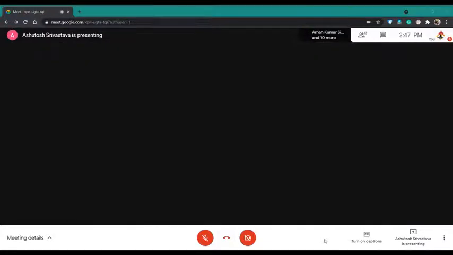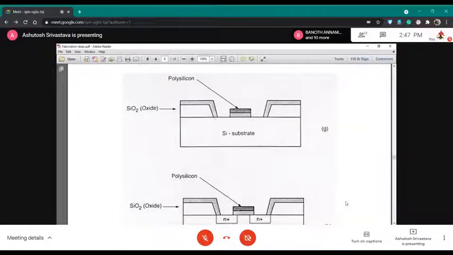So here you do ion implantation. So this structure is already there. Now you need to do ion implantation. This area would not get affected. This area would not get affected.